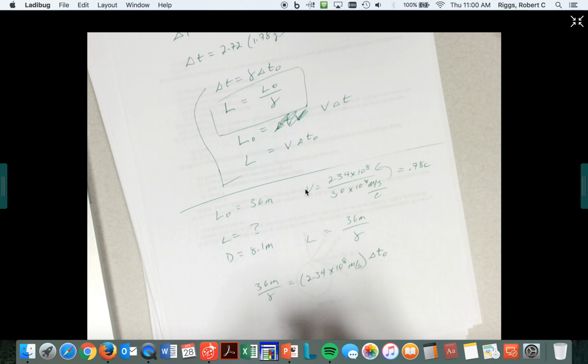Okay, so whatever you got here, divide by this V here, because this is meters and that's meters.